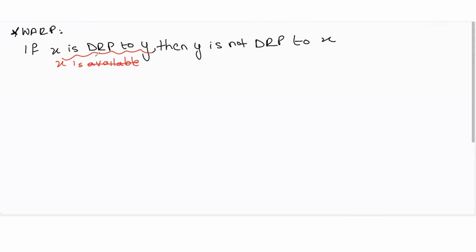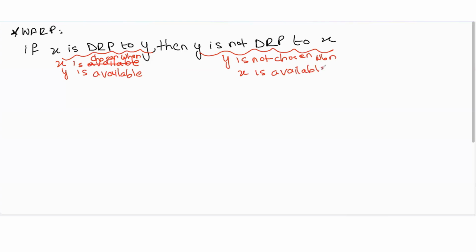And Y not being directly revealed preferred to X means Y is not chosen when X is available. So basically WARP is saying that if X is chosen when Y is available, then Y is not chosen when X is available.